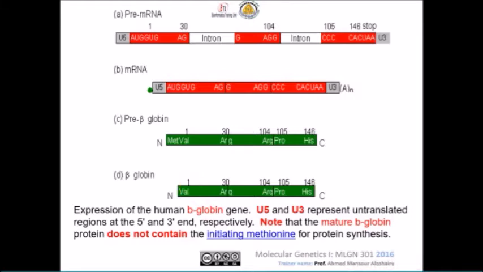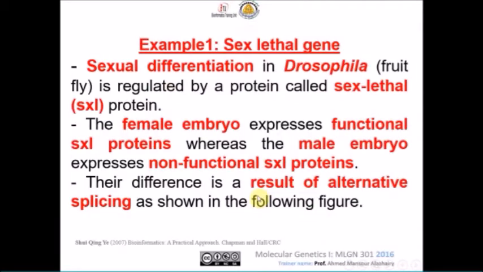But anyway, what I want you to focus on is that in this case we have removed these introns by the splicing mechanism from the primary transcript. After removing them, we have a mature transcript, and the mature transcript is then translated to give the final protein.